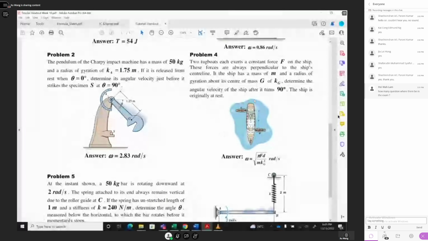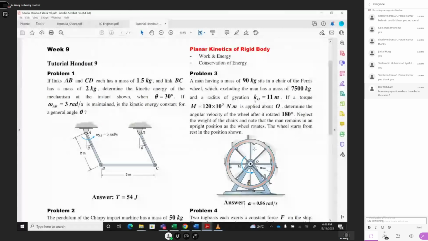The next question is question 3. Question 3 says, a man having a mass of 90 kilograms sits in the chair of the ferris wheel, and excluding the man, the ferris wheel has a mass of 7,500 kilograms, and also has a radius of gyration k0 equals 11 meters. If a torque of 120 multiplied by 10,000 Newton meters is applied, determine the angular velocity of the wheel after the rotation of 180 degrees.